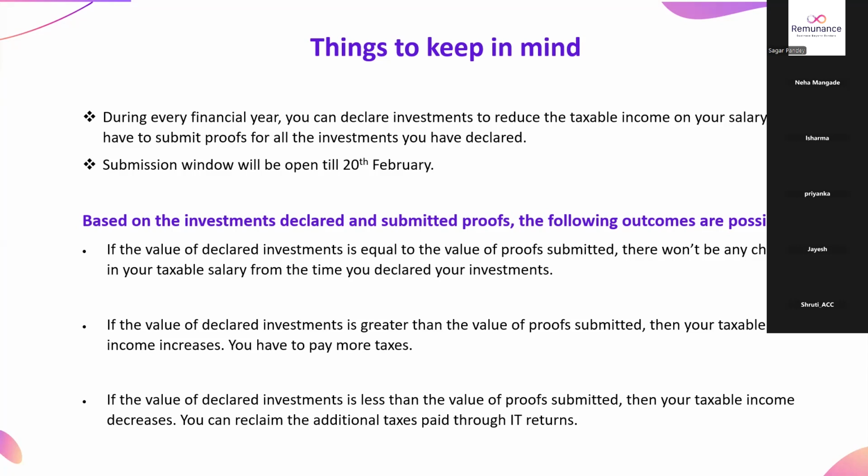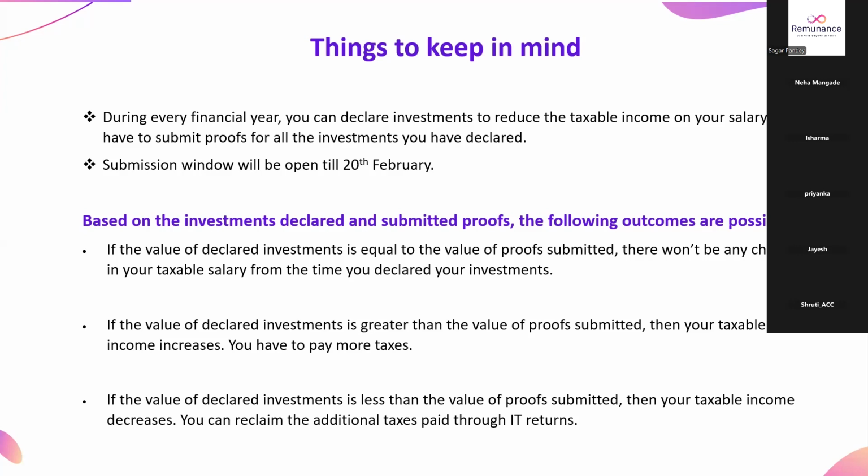There won't be any change in your taxable salary. It means that whatever you have declared, and you are submitting proof equal to your declaration, then there will be no change in your taxable salary. So your tax deduction will be the same as in your earlier months.